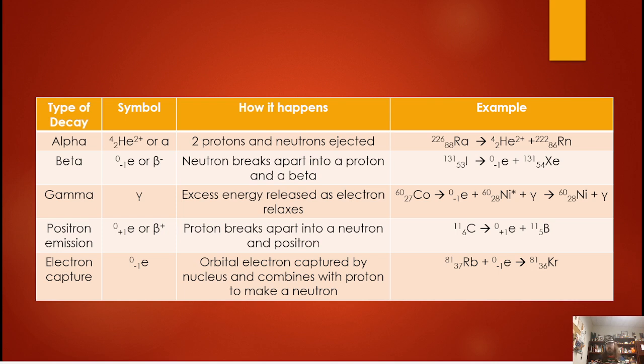So this moves the element one element to the left. And electron capture is kind of also like positron emission. An electron is absorbed in the nucleus and it combines with a proton to make a neutron. So rubidium-81 could absorb an electron and become krypton-81. So it moves one element to the left, just like the positron emission did.